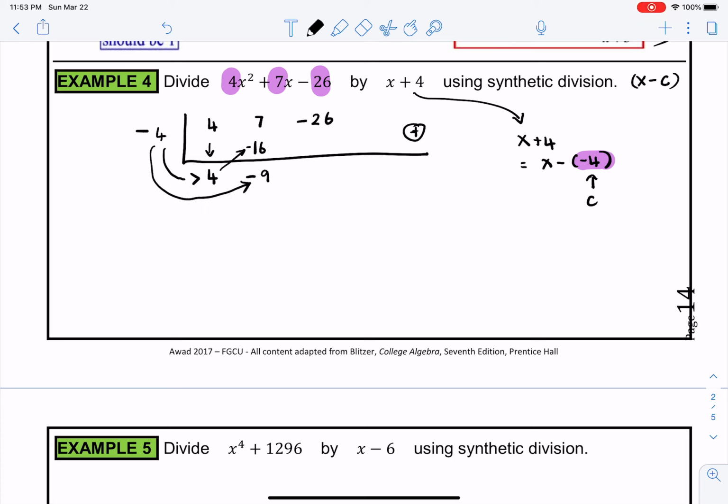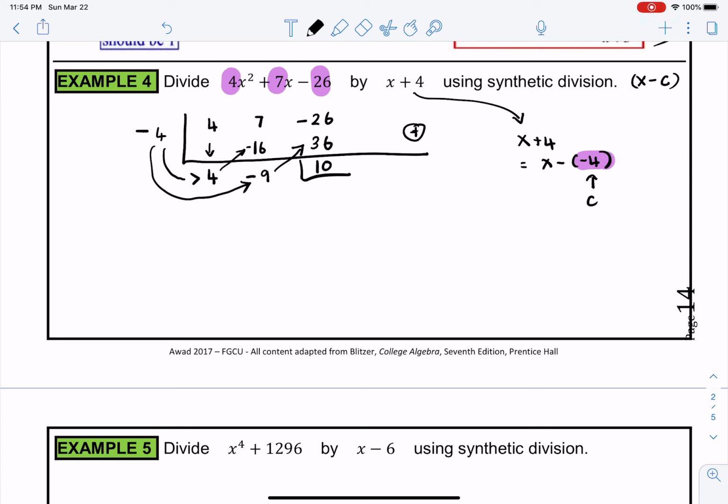multiply it to negative 9, put it up there, we have positive 36. We add again, and since this is the last term, we are going to box it, and when we add negative 26 to 36, we have positive 10.